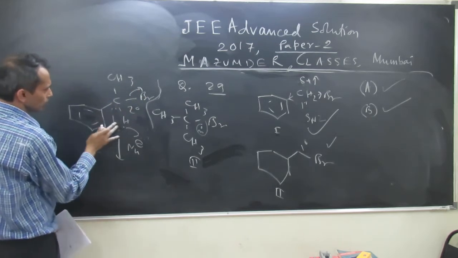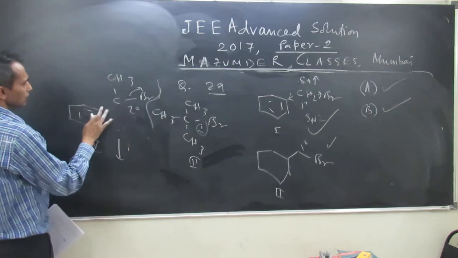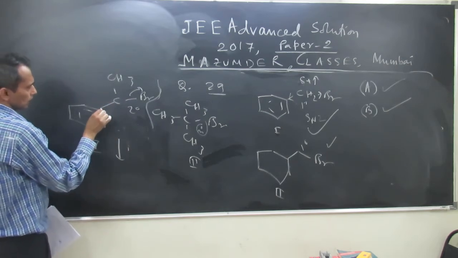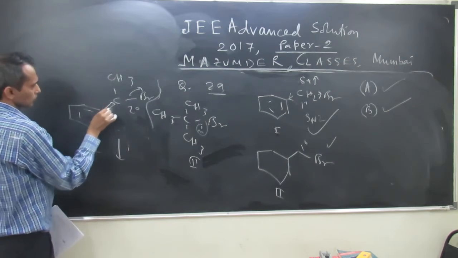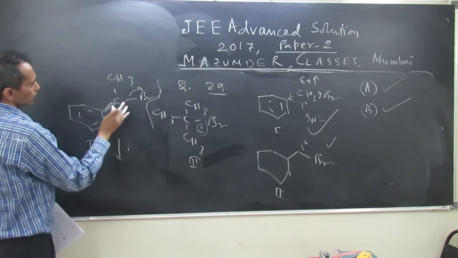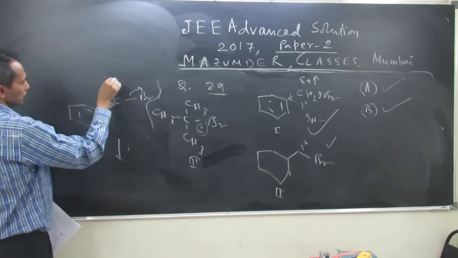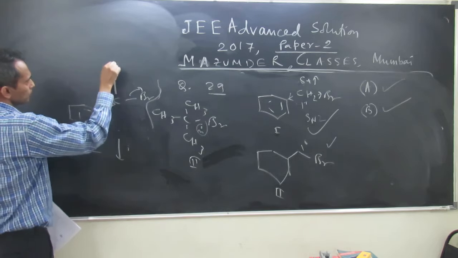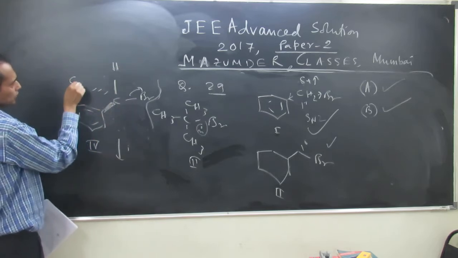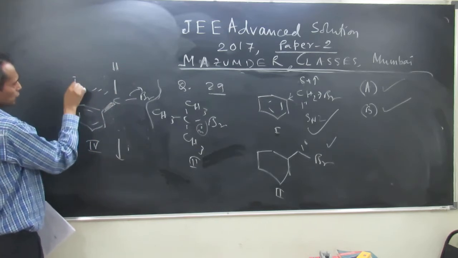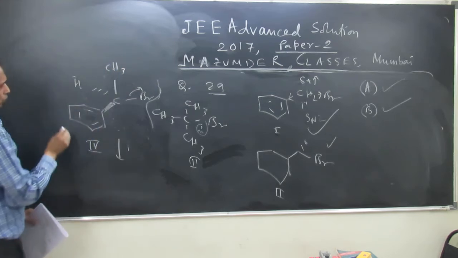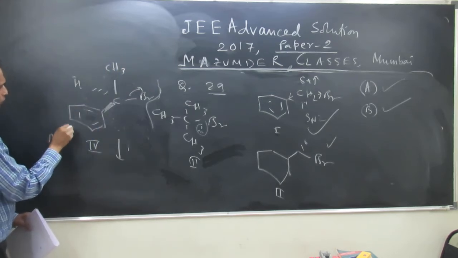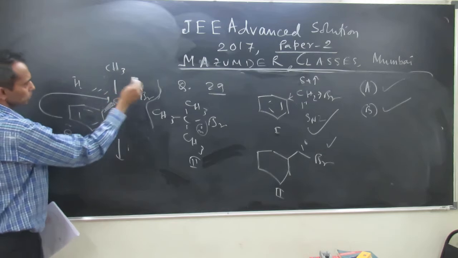I can show it very nicely like this. Let's say it is H, let's say it is a CH3. So the nucleophile can easily enter from the inside, and this bromine can go.